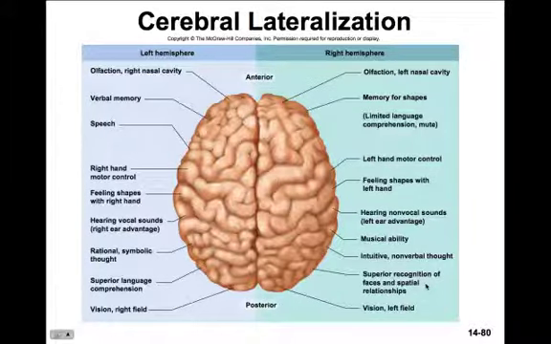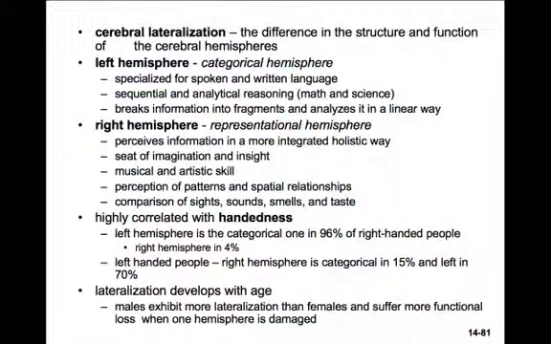In this figure, we can see, in general, what the left and right hemispheres might be responsible for. This is the situation for most individuals. However, in some individuals, the right hemisphere is more the categorical, linear processor, and the left hemisphere is more representational or parallel processing. It's highly correlated with handedness.